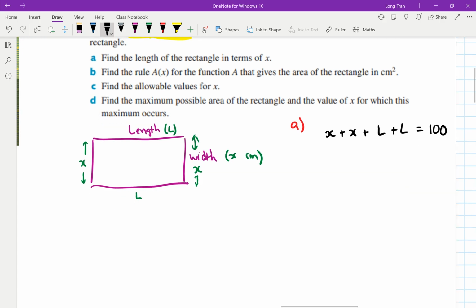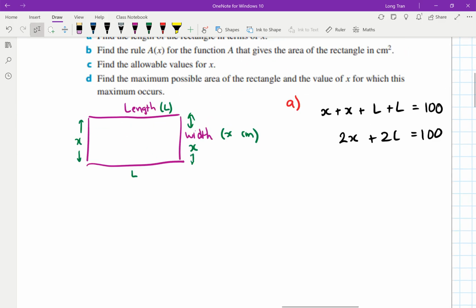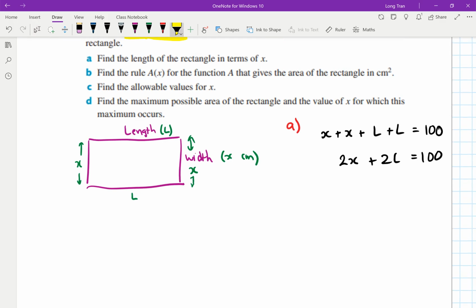So from here we can say it's 2x plus 2L is equal to 100, and what we're looking for is to find the length in terms of x. So you're going to solve for L, isolating L in terms of x. Here I'm going to subtract 2x on both sides. 2x minus 2x cancels out.